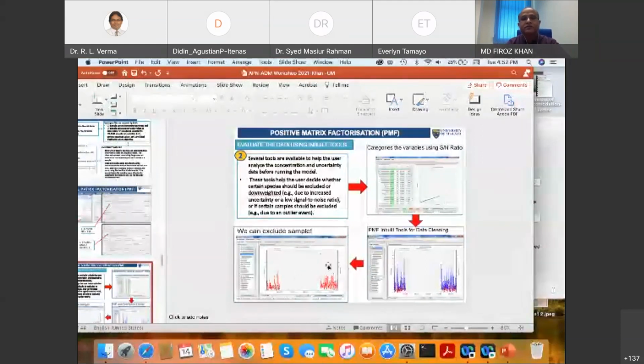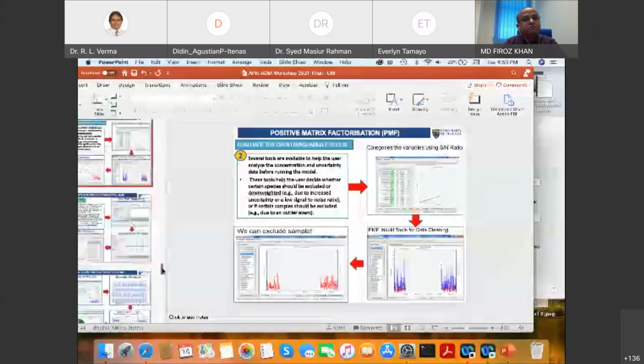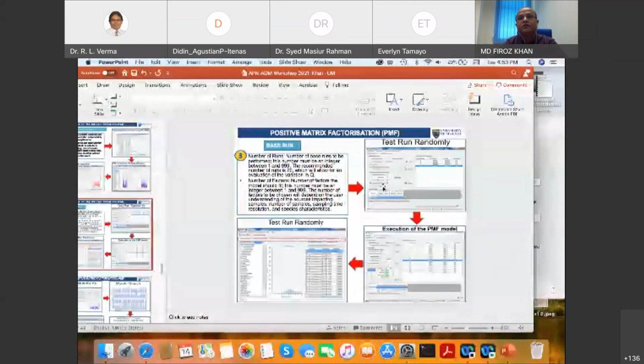If you see some strange variable, a spike, suddenly a very high spike, you need to think about the outlier, right? Possibly your data is not clean. So you will be able to exclude or include your data. So you can do that. Once you complete all this QA/QC, you can move on to execute your PMF.